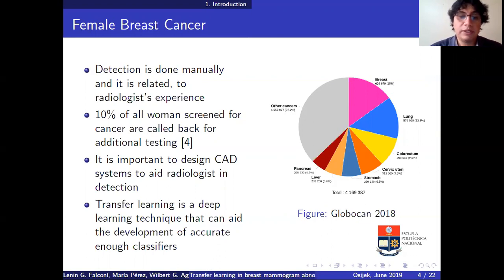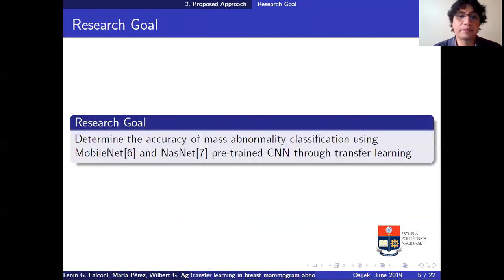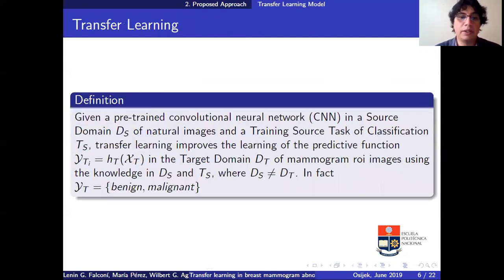Transfer learning is a deep learning technique that we can use to develop accurate enough classifiers. That is what we are researching in this paper. So our goal was to determine the accuracy of the mass abnormality classification using mainly Mobilenet and Nasnet through transfer learning.